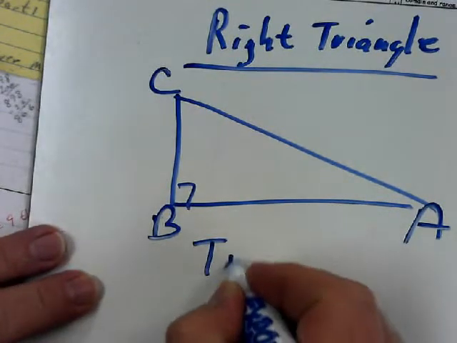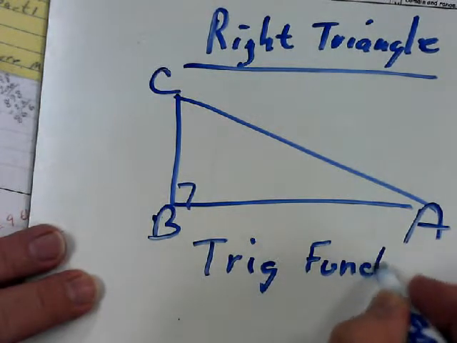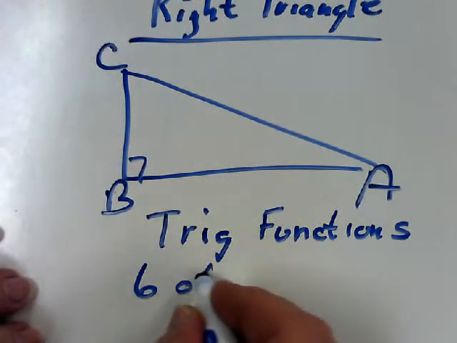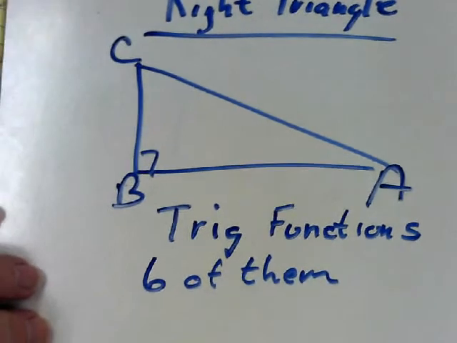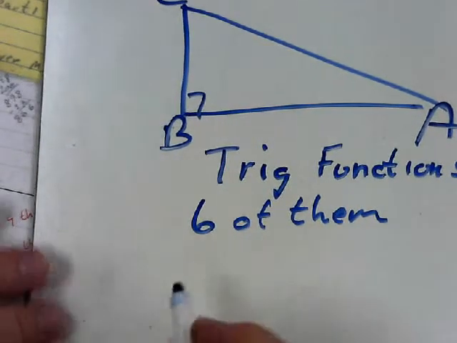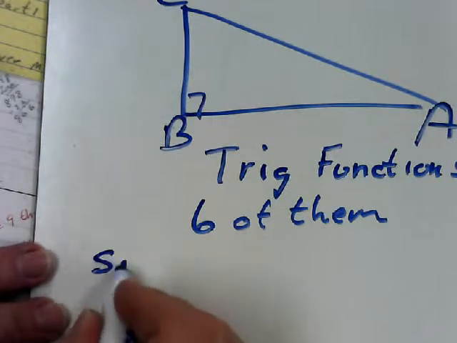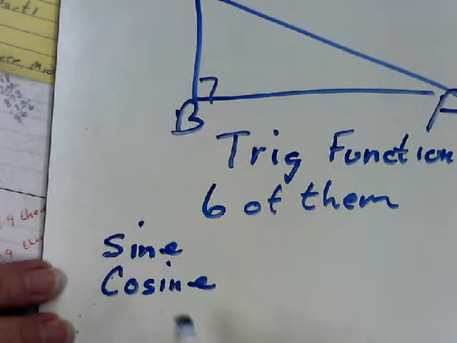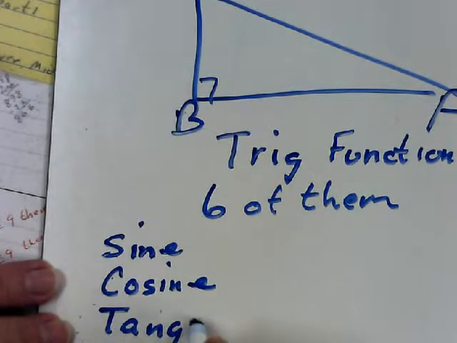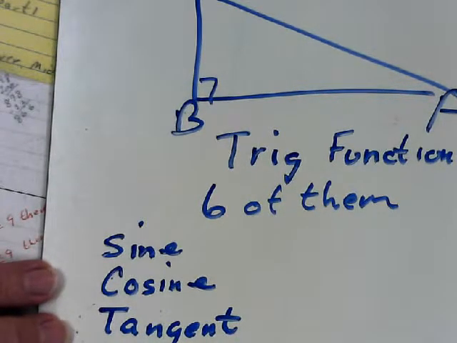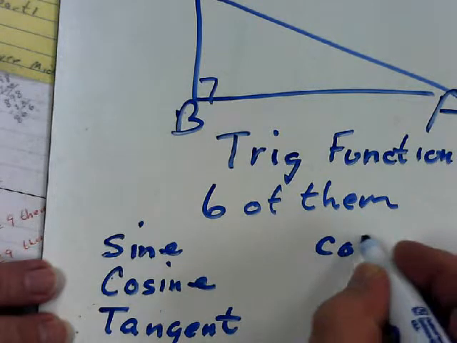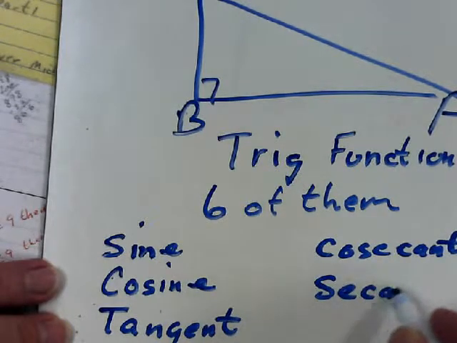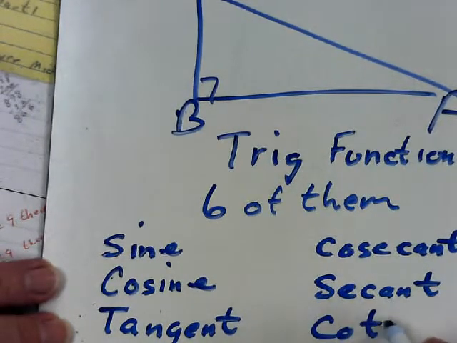They are called trig functions. There are 6 of them. The names of those 6 functions are the following: sine, cosine, tangent, cosecant, secant, and cotangent.